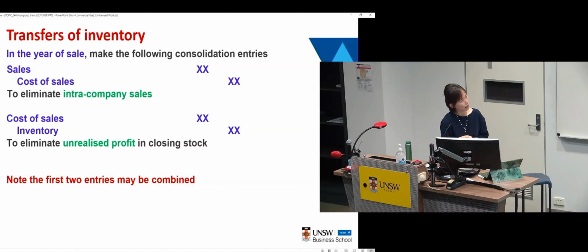Now, how do we find the unrealized profit in closing inventory? We can always use a very simple equation: profit from the intragroup sale multiplied by the percentage of inventory still on hand. Profit from the intragroup sale: we just compare the transfer price with the original cost, right?